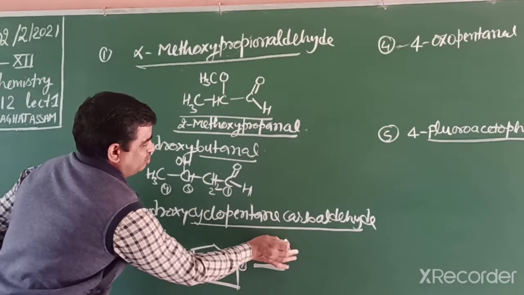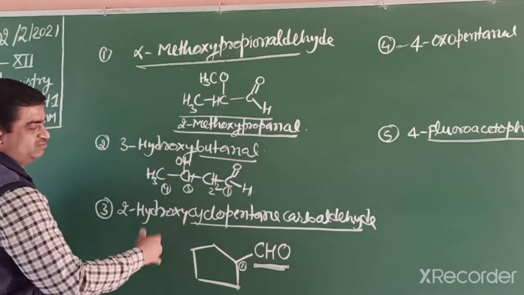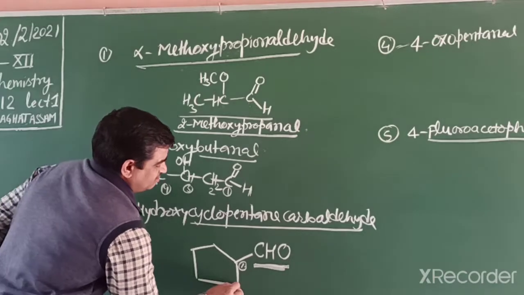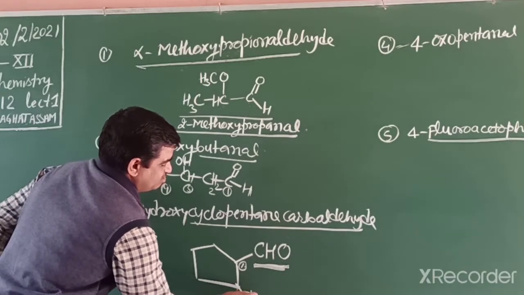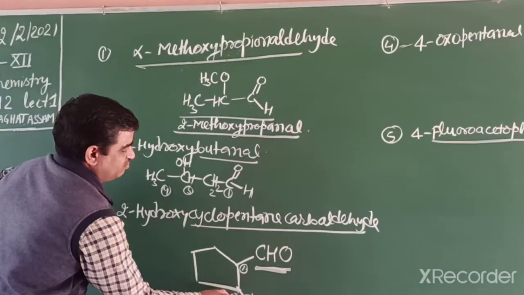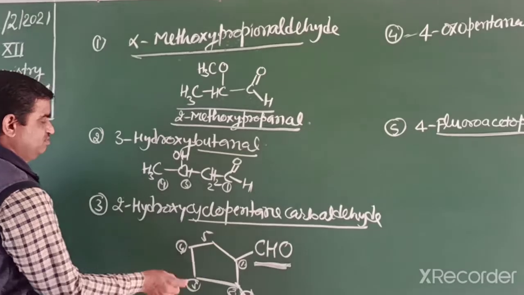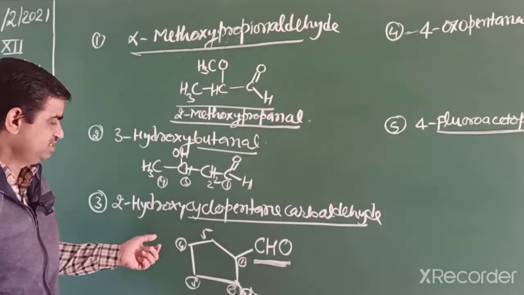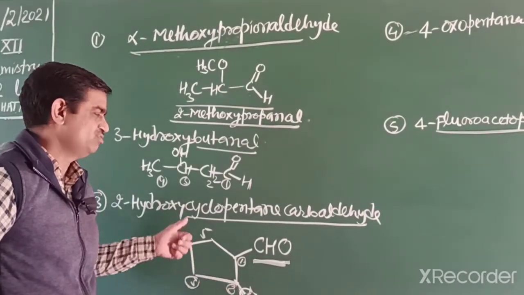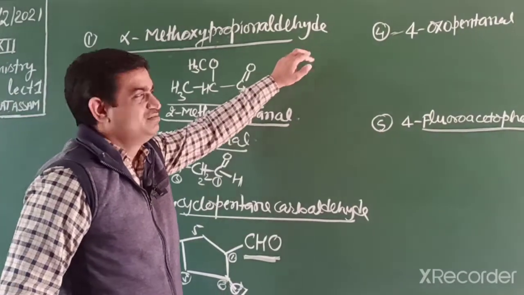Why? Because this functional group is not counted in the long chain. 1. Then we can write 2-hydroxy. You can write upper side or lower side, both sides, 1, 2, 3, 4, 5. So its structure is 2-hydroxycyclopentane carbaldehyde. This side.